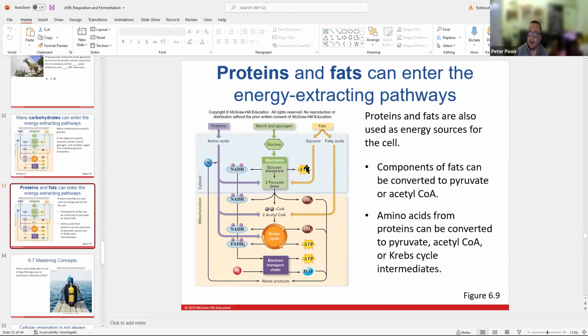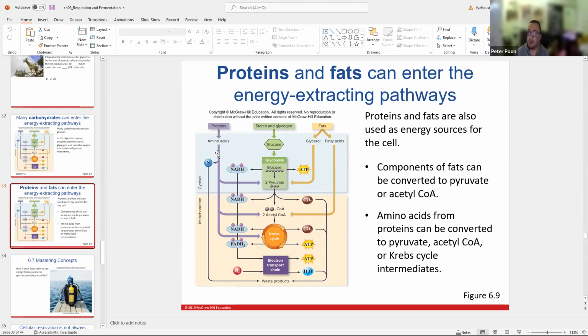Proteins and fats can enter the energy extracting pathways as well. So all the sugars will come down this main pathway. The fats go into pyruvate, and then fats go into acetyl CoA. So they can enter these pathways. The amino acids can enter at every step.